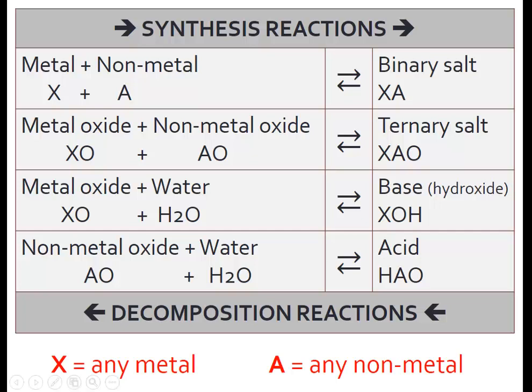A for our non-metal, and then O for our oxygen. A lot of acids follow this format, HAO. There are lots of acids that don't. I'm here to tell you, there are lots of acids that don't look like HAO. They're more complex than that, or even less complex than that. But the ones we're going to be looking at, probably identifying here, will be those where HAO is going to come about by the combination that you see here.